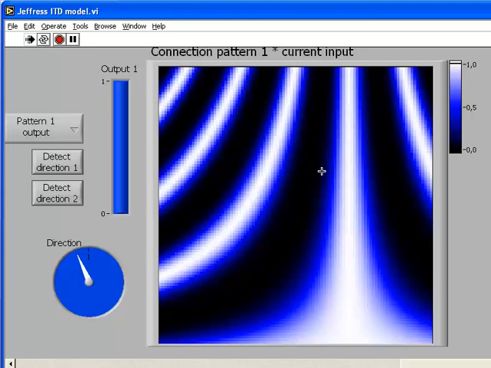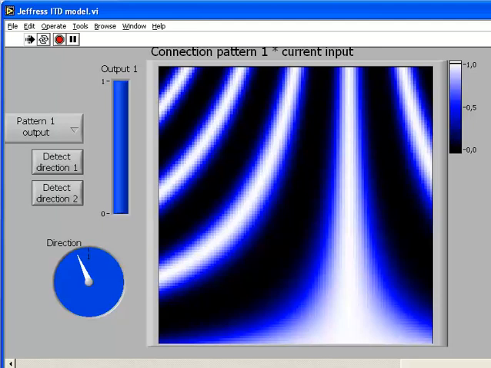So the input is a pattern. The information is distributed over a whole input pattern. The processing is distributed over a pattern of connections. That's why one branch of artificial intelligence calls these simple neural networks parallel distributed processing.